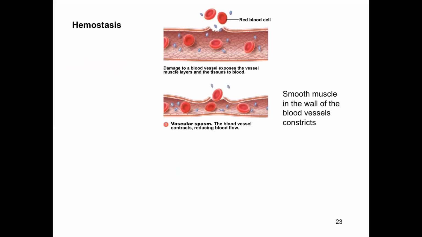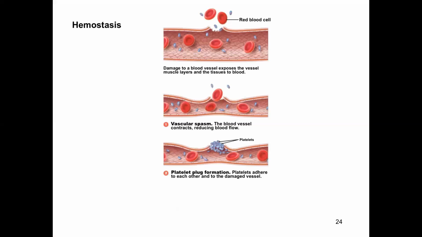Now, the second step is that the platelets are going to come here and they're going to get stuck. And there's a variety of reasons that this happens. We don't talk about it in this class, but there's exposure to proteins on the outside of your blood vessels that normally blood cells are not exposed to because they're on the inside of the blood vessel. So that sets off warning bells in a way. And the platelets go, oh my gosh, I can see all these extra proteins.